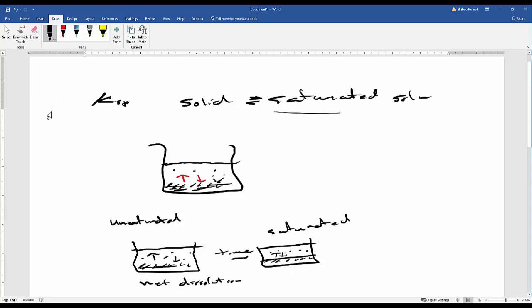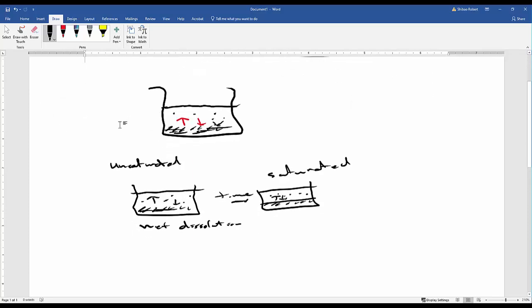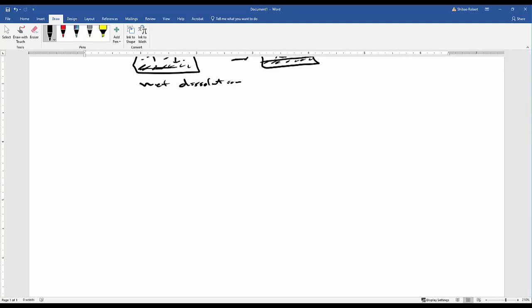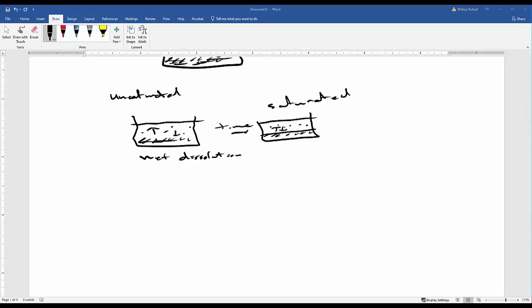Okay, what tells us what a saturated solution is? A saturated solution is one where we've maxed out solubility.